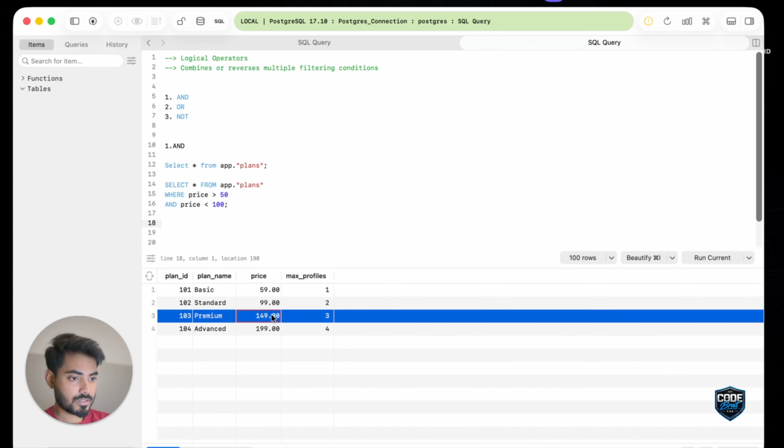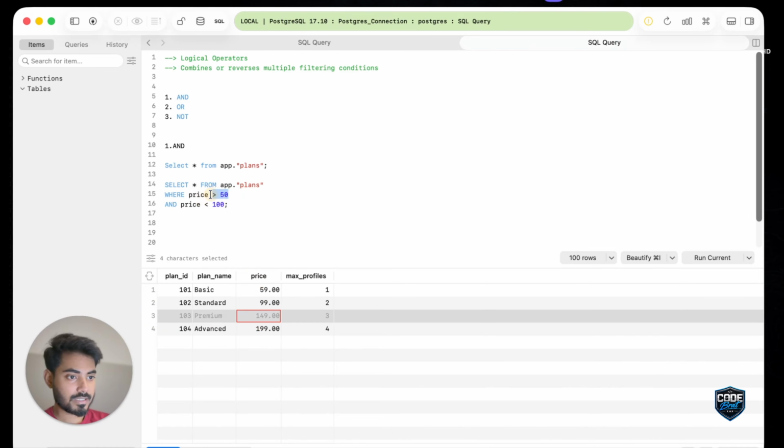Now what about the third row, which has a price of 149? Is this price 149 greater than 50? Yes, it is greater than 50. So this condition is true. But what about the second condition? Is this price 149 less than 100? No, it is not less than 100. So this condition is false.